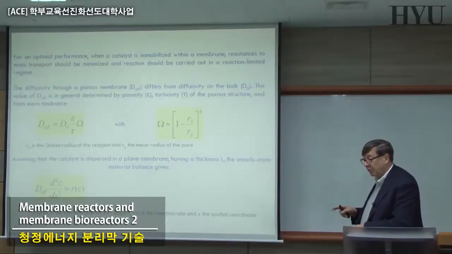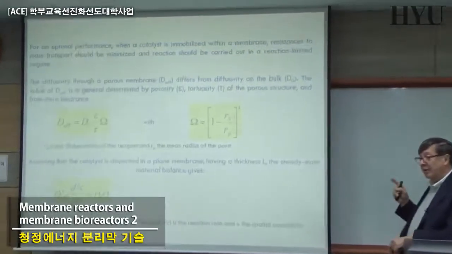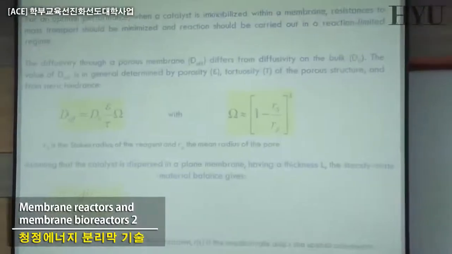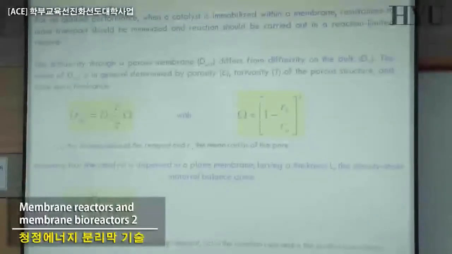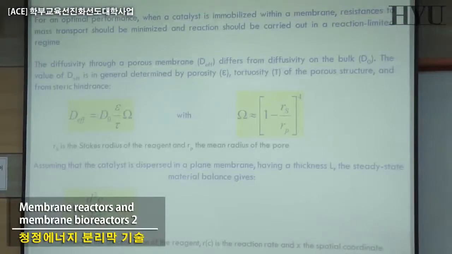The other point of interest is that by using membrane reactors, you are solving one of the major problems of the use of biocatalysts. Biocatalysts are normally unstable, and they have a very short lifetime when they are in homogeneous solution, free of any movement.